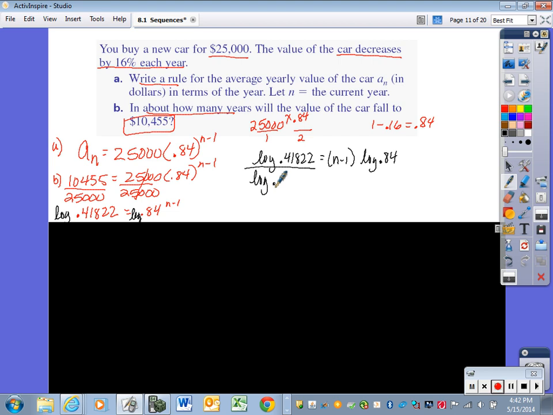Divide by log 0.84. And then I'm going to have to add 1. And let me get 6. 6 years for the car to be worth 10,455.